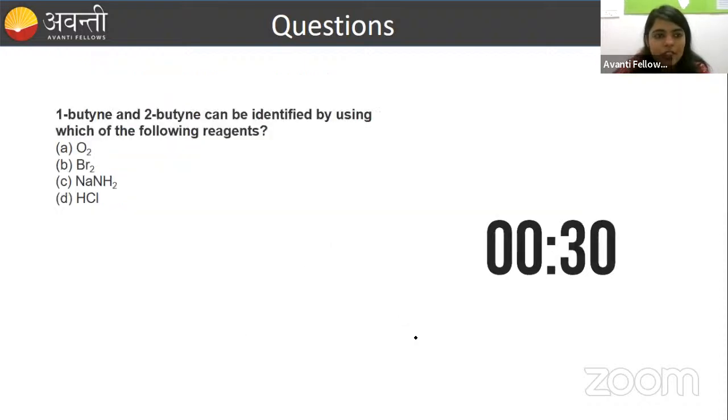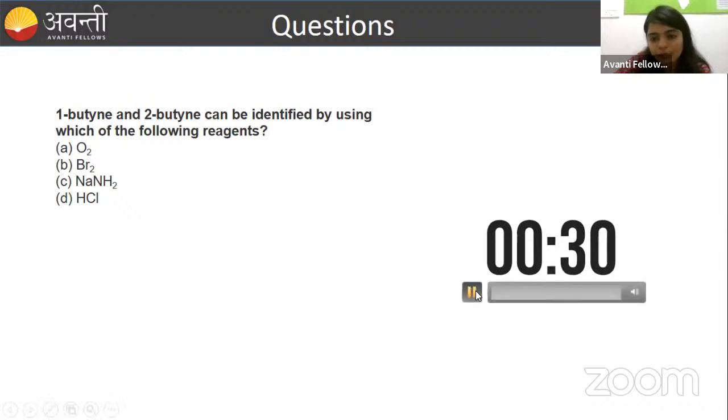Next question is, 1-butyne and 2-butyne can be identified by using which of the following reagents? This is an interesting question. We have discussed this concept, but you have to think a little bit. Okay.